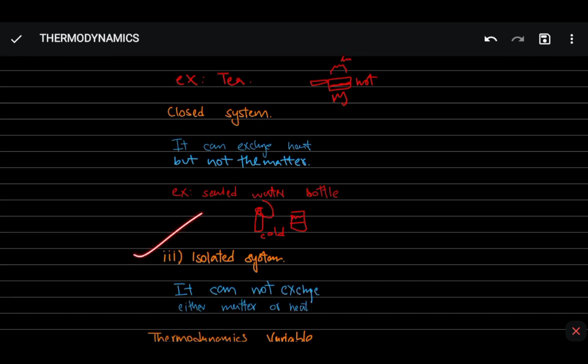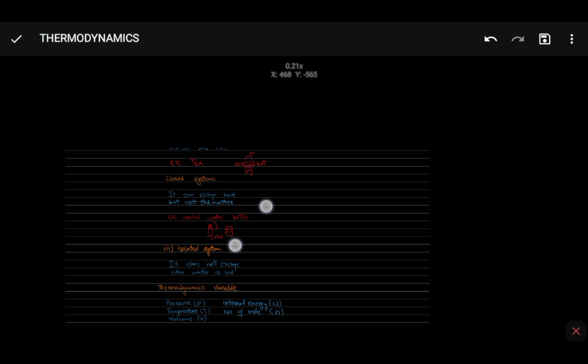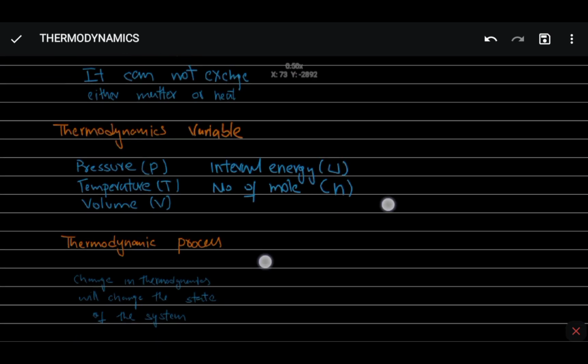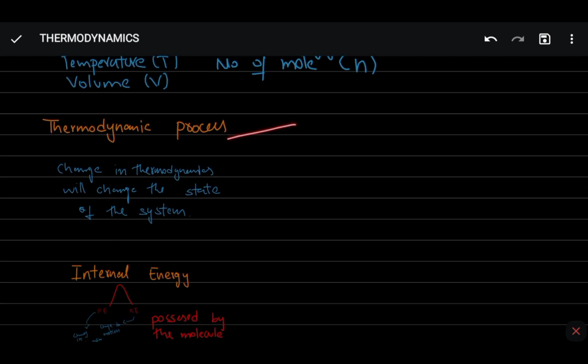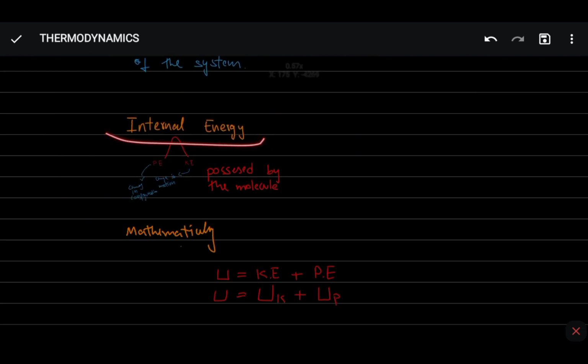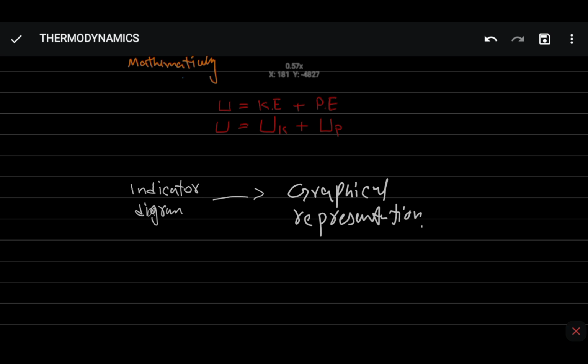With that we have learned about thermodynamic variables, which are a total of 5, and the thermodynamic process, and internal energy, which is basically the sum of potential energy and kinetic energy, and can be written mathematically like that. With that, the last thing we have studied is the indicator diagram, which is basically the graphical representation of something. Thank you.